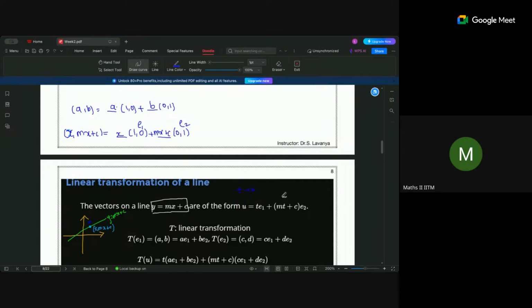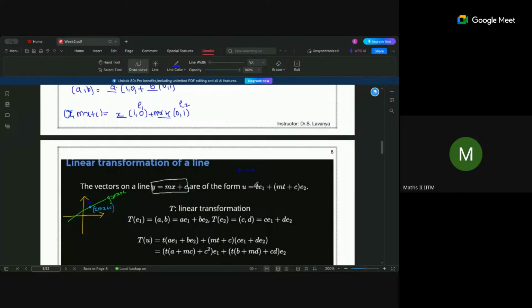If you want you can keep x also, but usually to refer to a real number we write t. So this is the expansion in terms of the canonical basis for any point on the line.